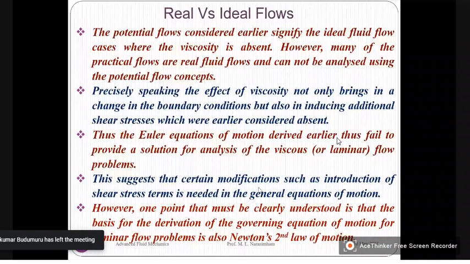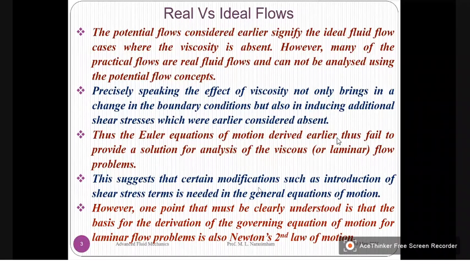So here I have given the difference between the real and ideal flows. So this already I have explained just now. The potential flows considered earlier signify the ideal fluid flow cases where the viscosity is absent. However, many of the practical flows are real fluid flows and cannot be analyzed using the potential flow concepts.